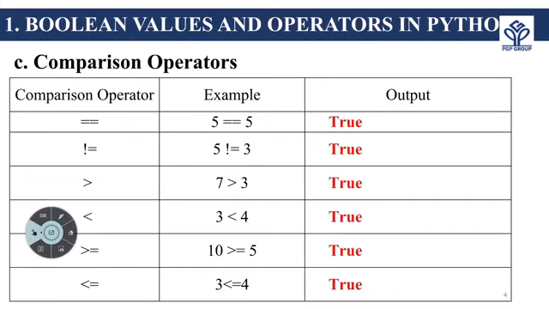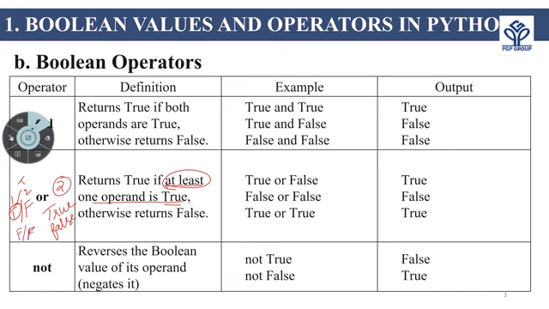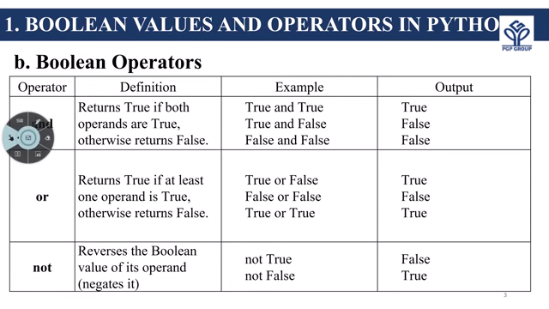Clear? Next operator, OR. It returns true if at least one operand is true.